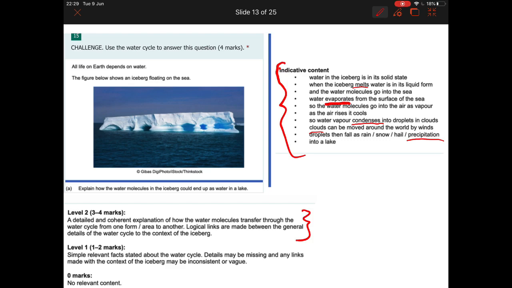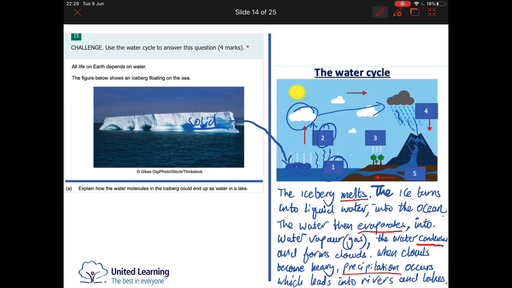So even though I haven't got all these points, it still makes sense of the water cycle that's occurring from the iceberg, turning into clouds, turning into precipitation, and leading back into the rivers and lakes. So that's how you would answer this question. You really need to have a firm understanding of the water cycle.